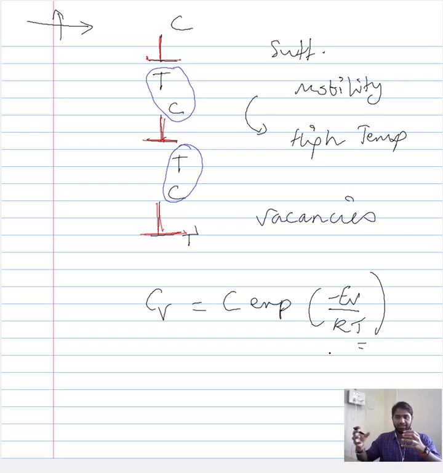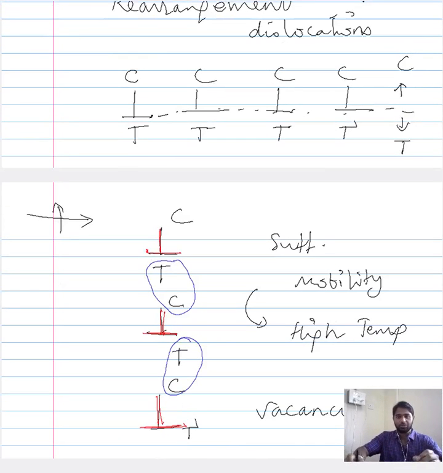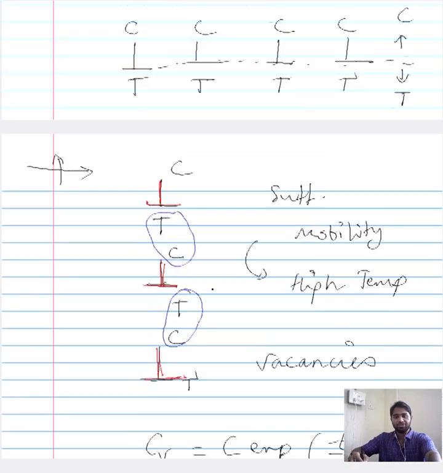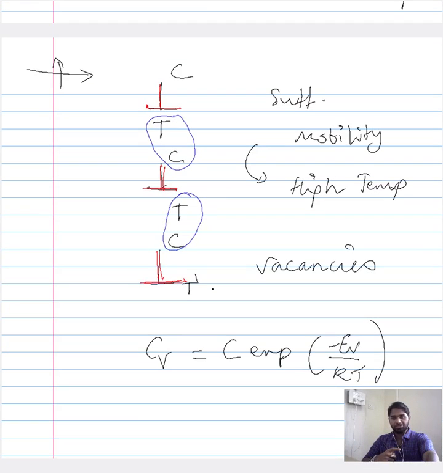So instead of gliding, they can climb, and once the climb is possible, then instead of this regular arrangement or this confinement of dislocation in a single plane, you can end up with a piling up one over the other. So this rearrangement is possible by virtue of the mobility that is enhanced by the high temperature, and also through the increase in the vacancy concentration that is also made possible through the increase in temperature.